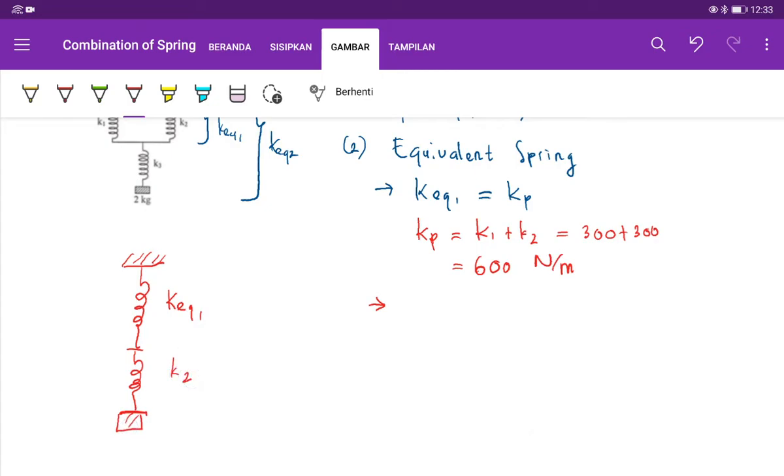So K equivalent 2, I mean the spring constant equivalent 2, will be a series connection, that is Ks connected in series. So 1 per Ks will equal 1 per K equivalent 1 plus 1 per the spring constant of the third spring here.